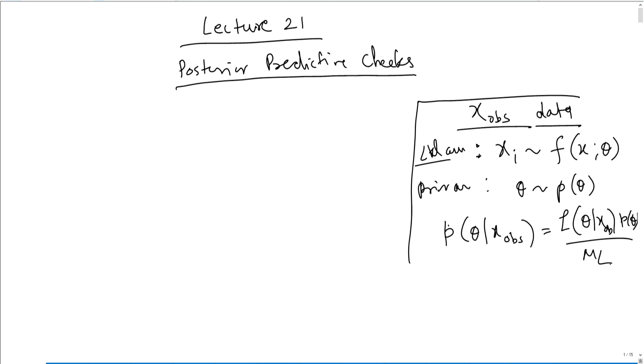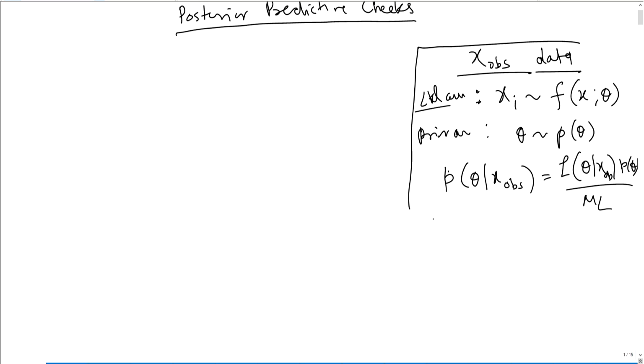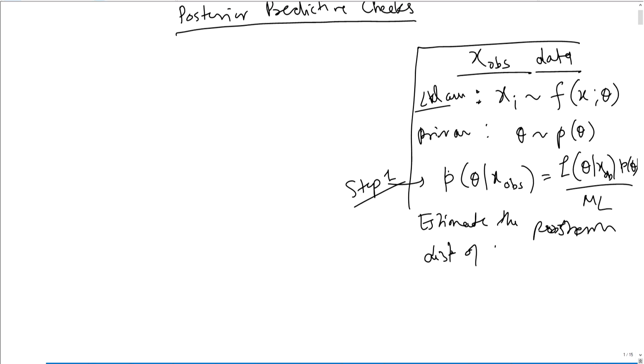So once we have the posterior distribution of theta, now we can generate posterior predictive data like this. You can call this step 1. So what is step 1? Estimate the posterior distribution of theta.